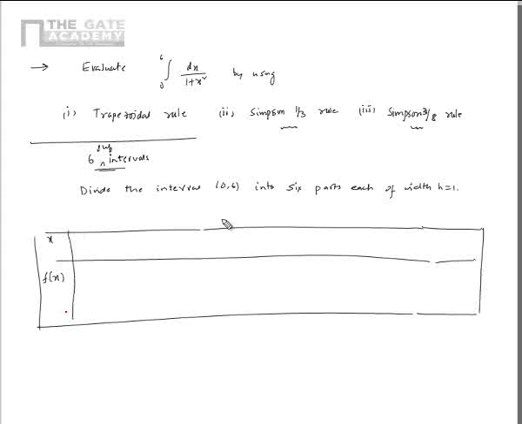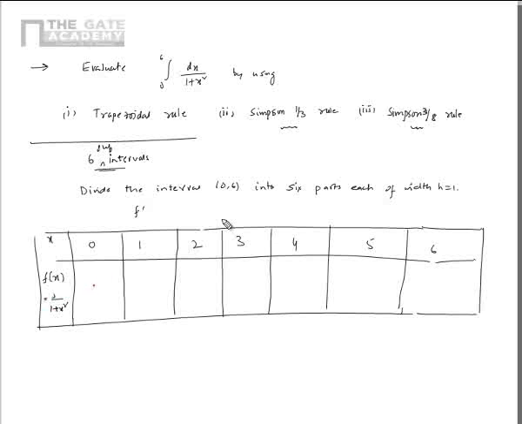So x is 0, then 1, then 2, then 3, then 4, then 5, and then 6. You have to just know f of x is basically 1 by 1 plus x square.